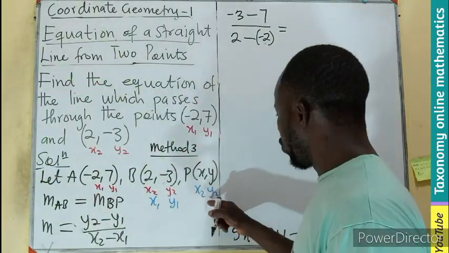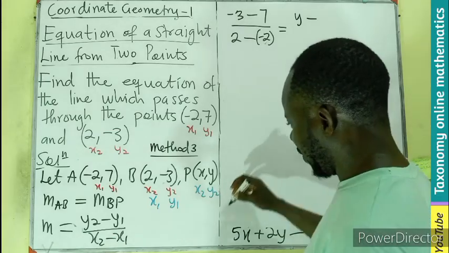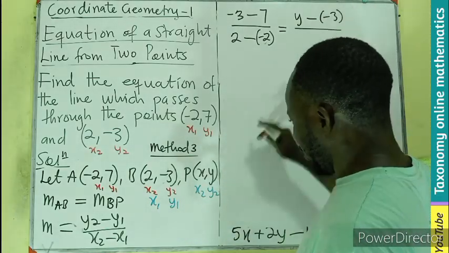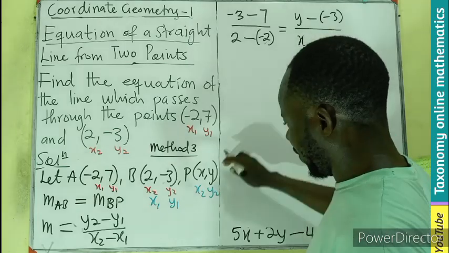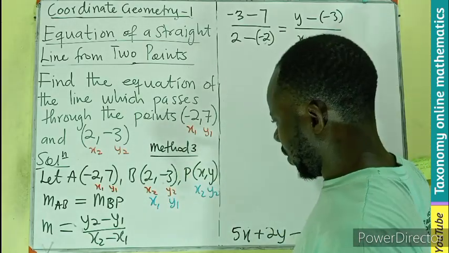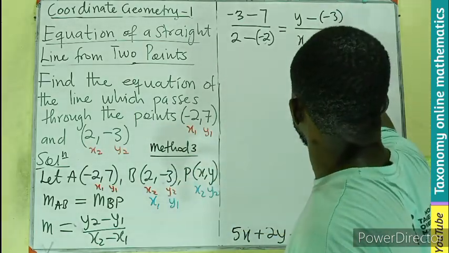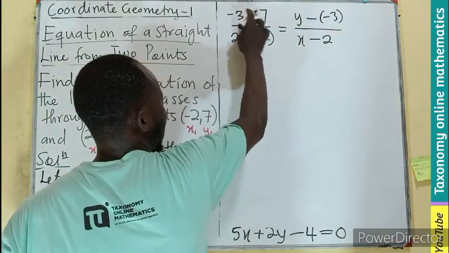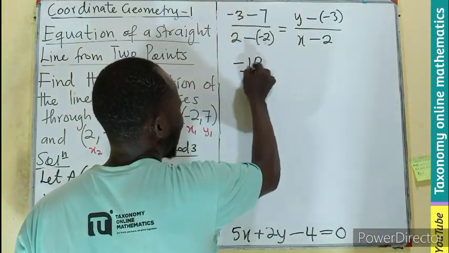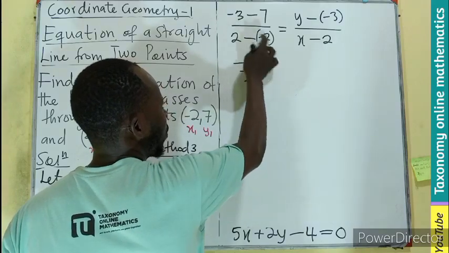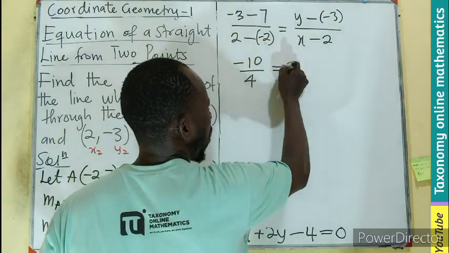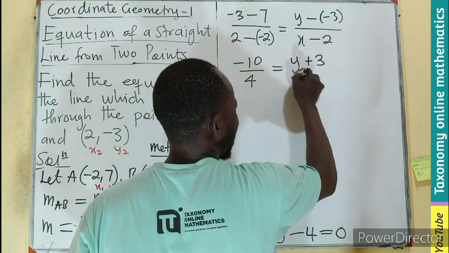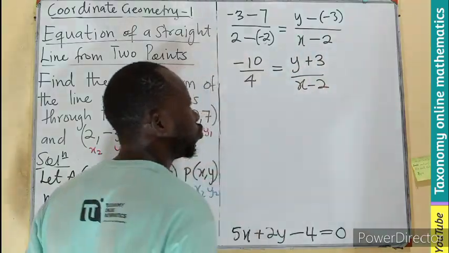So what is the y2? y2 is going to be y minus y1, negative 3, over x2, x, then minus x1, that will be minus 2. So we have two fractions. Let's simplify and see. The numerator here becomes minus 10, then this becomes 4. 2 plus 2, negative, negative, positive. So y plus 3 over x minus 2.